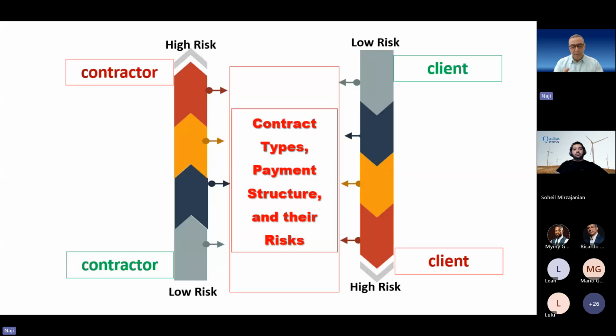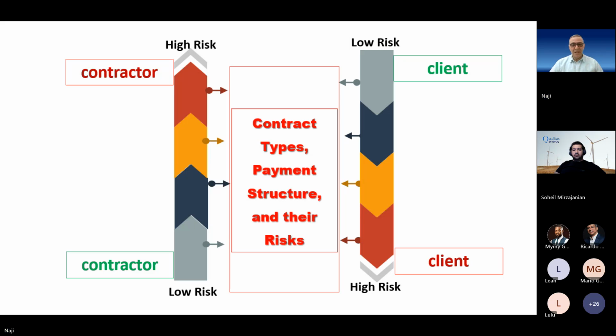All of these, the payment model, the contract, the delivery method. Do you want to be least risk as a client? Least risk, you have to pay more. You will hold the contractor to be at high risk. You are here, low risk.